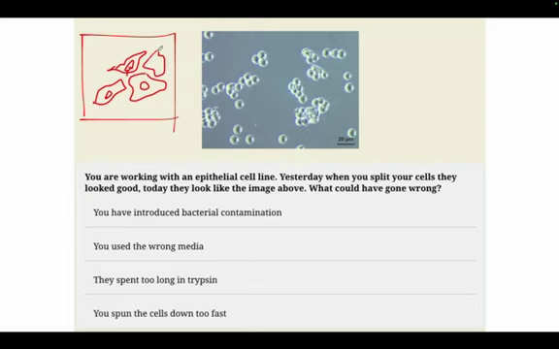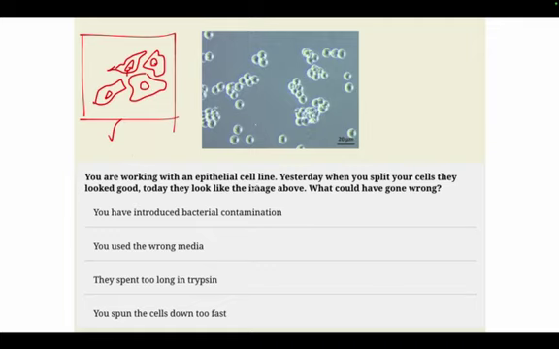Because now it is stuck on the cell culture dish, so it's kind of flattening out and taking a polygonal morphology. So this is normal morphology.